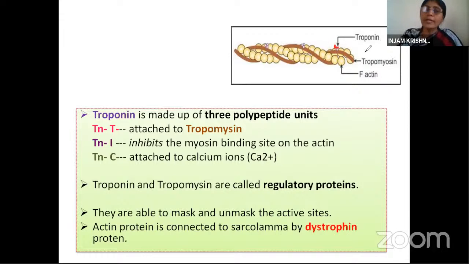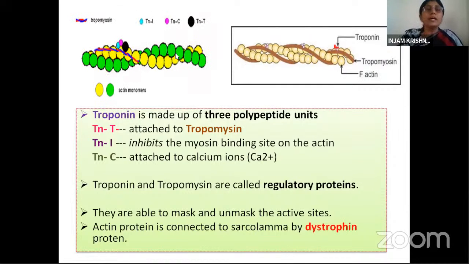Troponin is made up of three polypeptide units: TNT, TNI, TNC. Those names have been given according to their function.